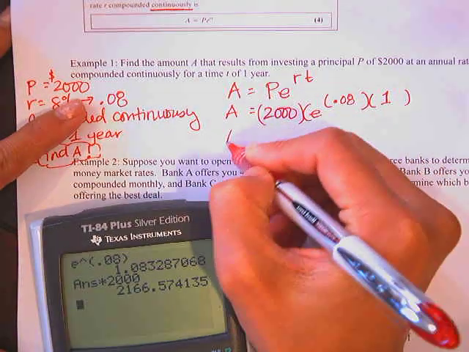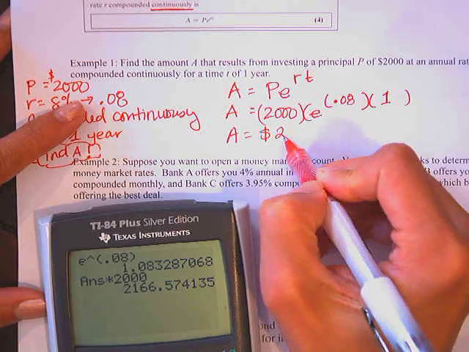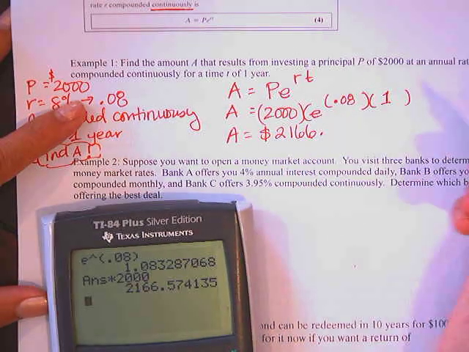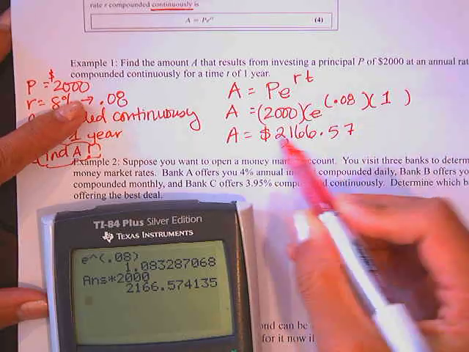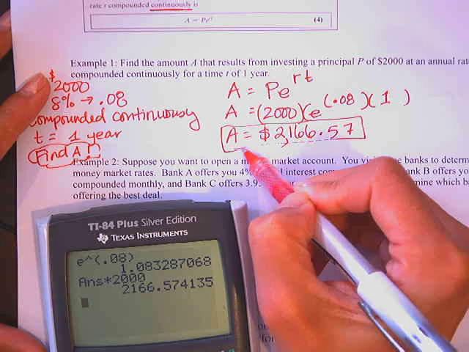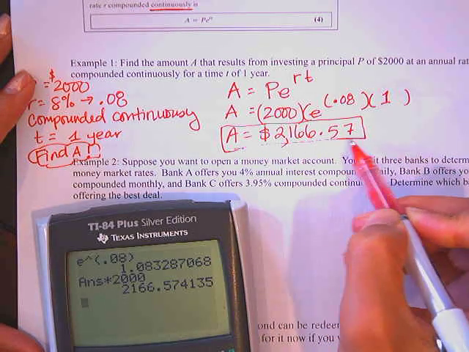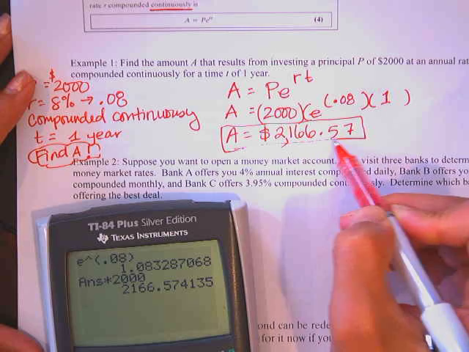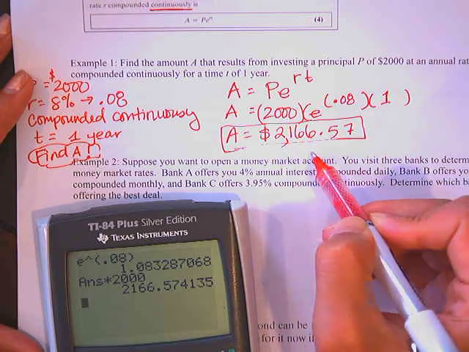So A equals, put the unit back, $2,166.57. So in the end, you're going to earn $166.57. And then since you invested $2,000, you're taking all of that back home.